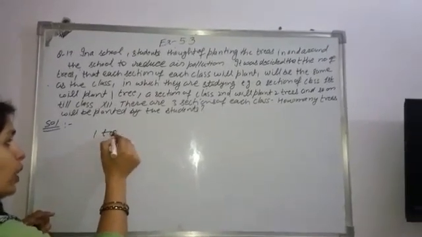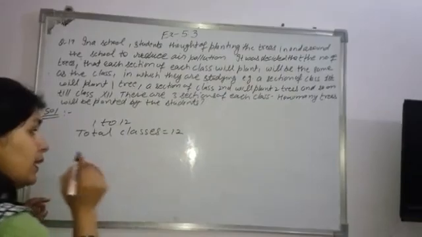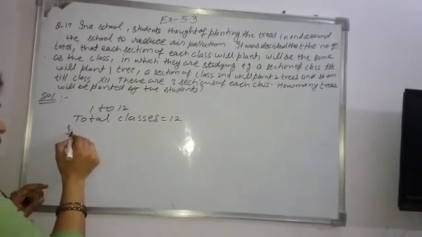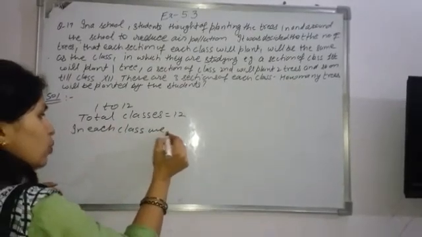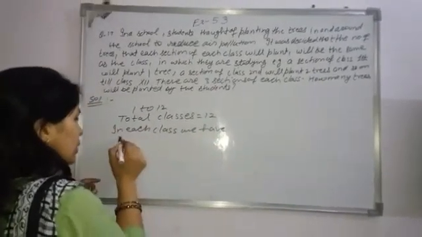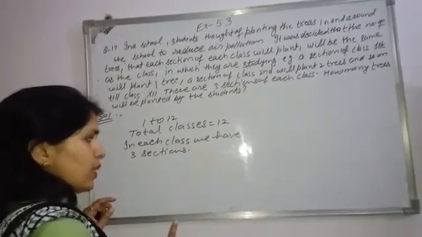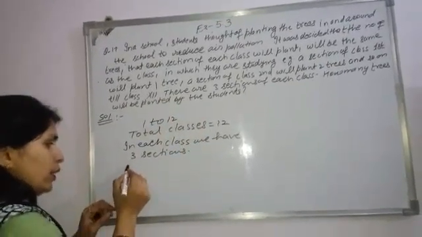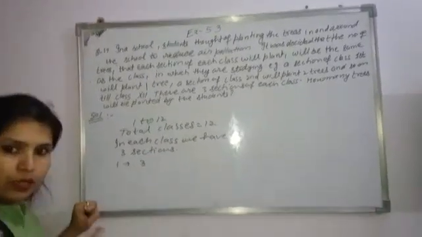Now 1 to 12, total classes is equal to 12, and in each class we have 3 sections. Okay, 3 sections. So if we take the first class, in first class how many sections do we have? 3 sections.